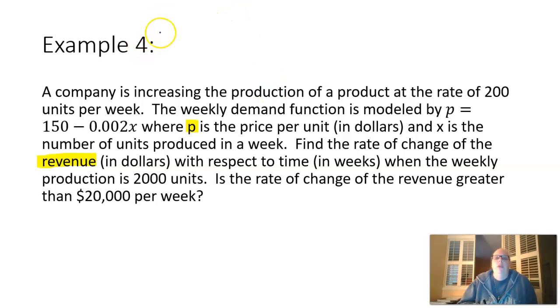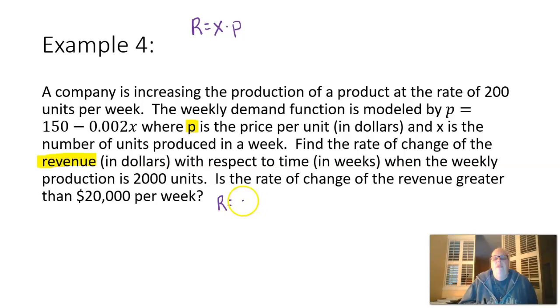Okay, so we need to back up to an earlier section in chapter 2, and that was that our revenue function is actually equal to x times whatever our demand function is. So we need to know what our revenue function is, and that's probably the first thing we should do.